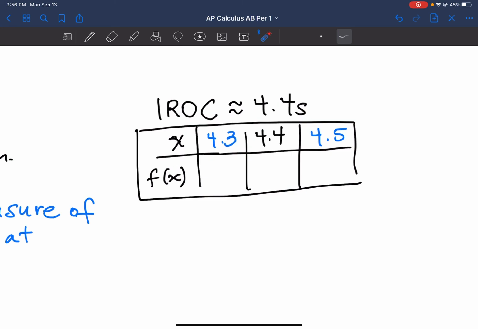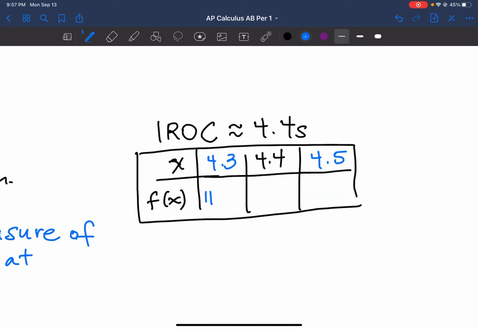And those two values are 114.9519 and 80.4375.